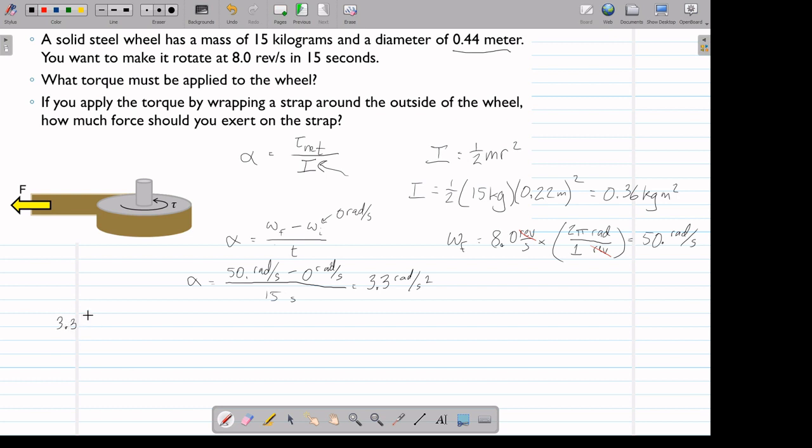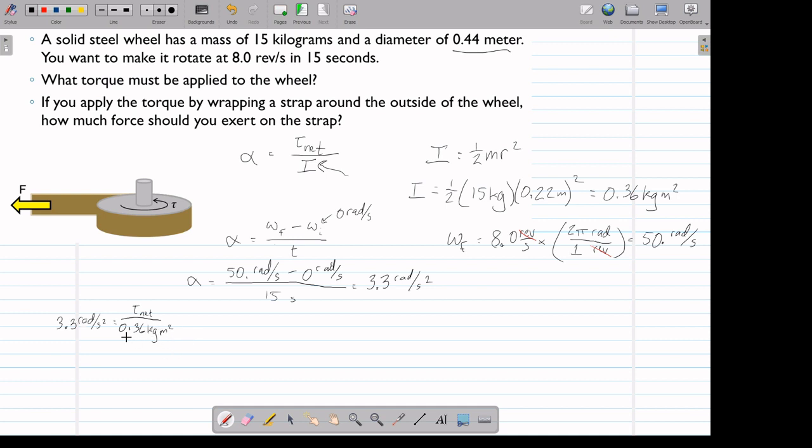3.3 radians per second squared is equal to tau net divided by 0.36 kilograms meters squared.